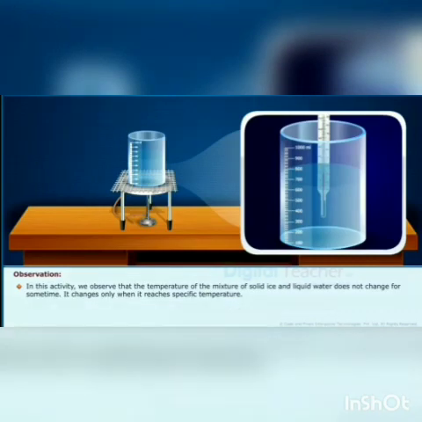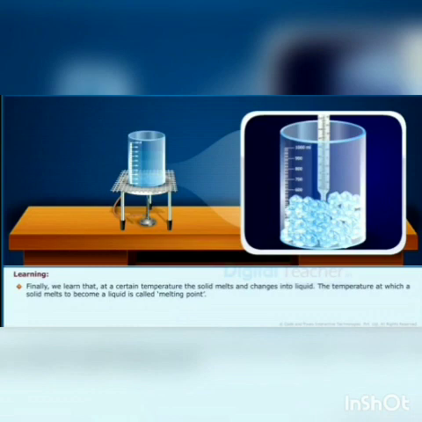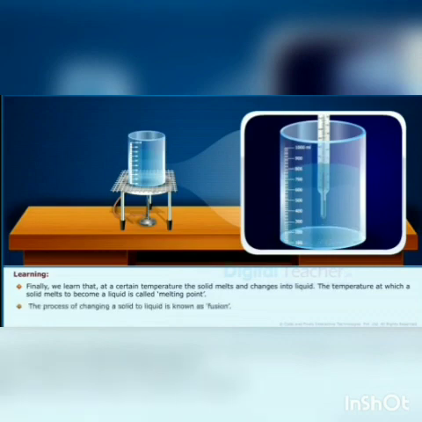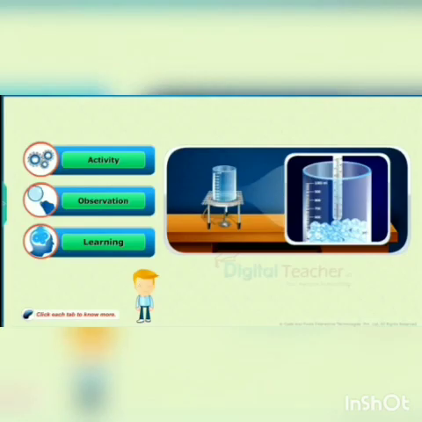It changes only when it reaches a specific temperature, that is, only after the ice completely melts. Finally, we learn that at a certain temperature, the solid melts and changes into liquid. The temperature at which a solid melts into liquid is called the melting point, and the process is known as fusion.